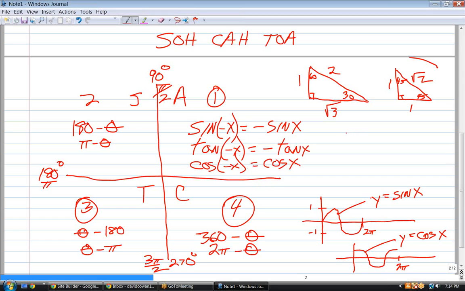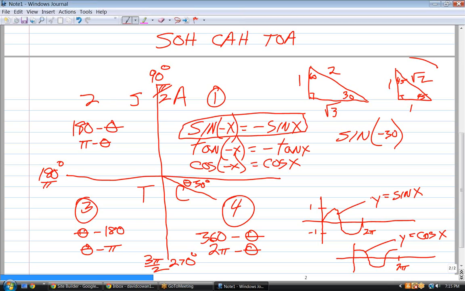So if I say, what is the sine of negative 30 degrees? That angle right there. What is it? Just use this right here.